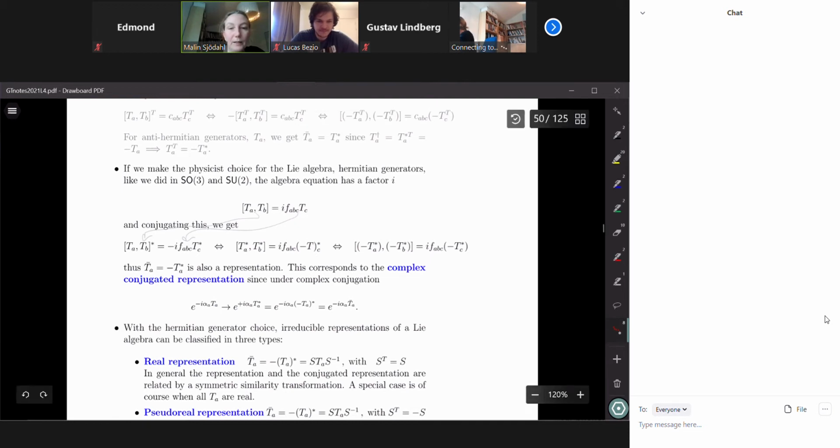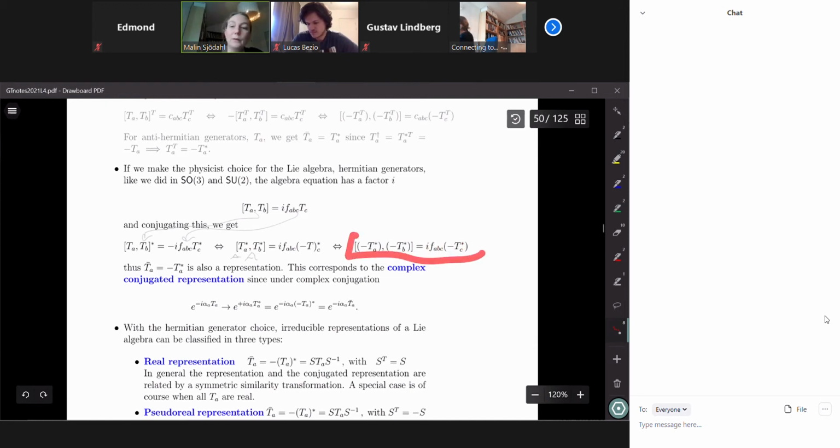Now all my generators have a star, but only one of them has a minus sign, and I have the right structure constants, the fABC that I want, because I want this Lie algebra. But if I insert a minus sign here and a minus sign there as well, such that I instead consider minus TA star commuted with minus TB star, this is i fABC times minus TC star.